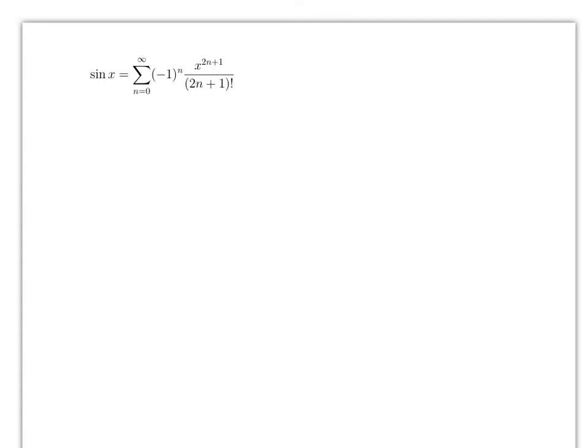Also, it's very important for visual purposes to see this in actual expansion form. So notice that we want to start with n equals 0. If n is 0, the first value will be 2 times 0 plus 1, which is just 1. Anything to the 0 power is 1. So the first value will be just x.